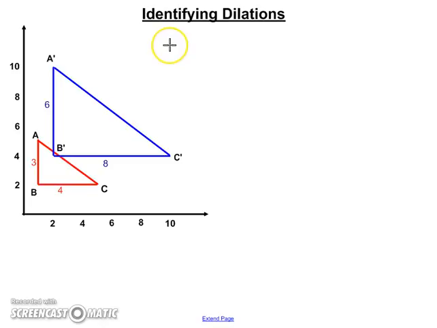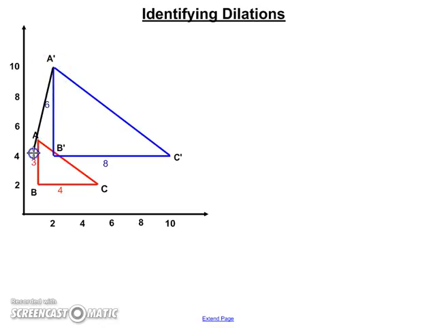So in this particular case, we're going to check: is this a dilation? Has triangle ABC been dilated to A prime, B prime, C prime? And I will say here that these two triangles are similar to one another. If I did the ratios of corresponding sides, they would end up being the same. But we're not going to do that here. We're just going to check to see if this is a dilation.